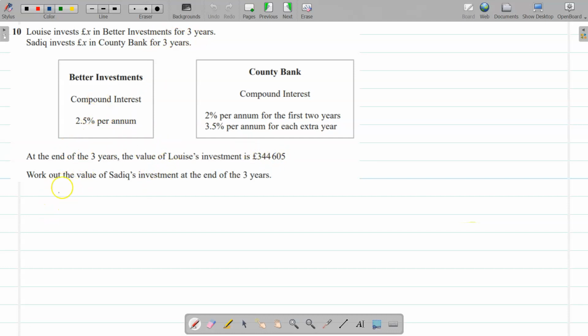And then see how much she put in, in other words, what this X was. So I start with this amount of money X, and because I'm investing at this rate for 3 years, I multiply X by 1.025 cubed. Okay, and that will give me the amount after 3 years, which they're telling me is 344,605.